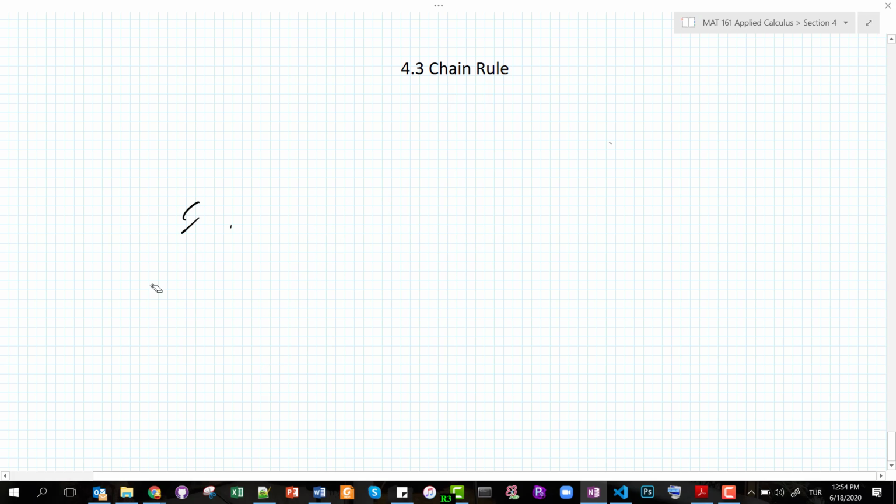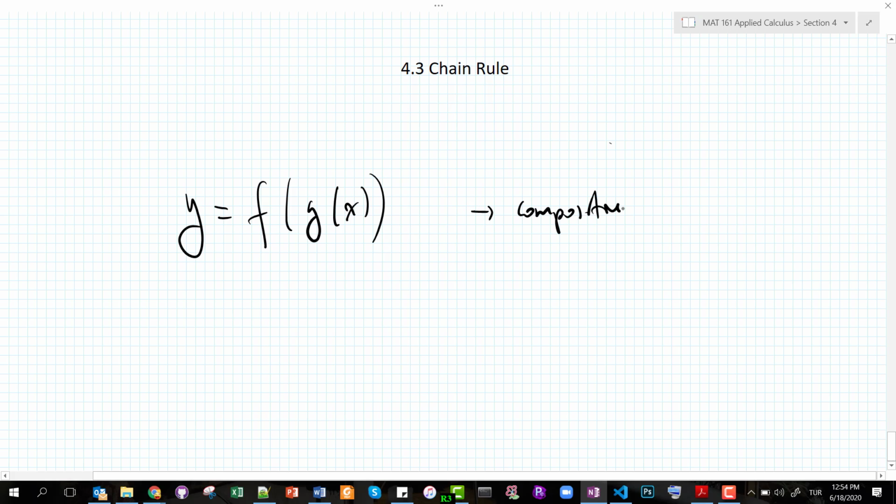So let's look at the rule, now we're going to solve similar examples like this one. Let's say we have this type of function, g of x. As you see, this is a composition of f and g, the composition of the functions f and g.